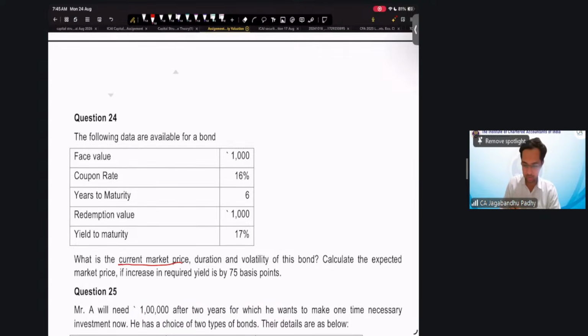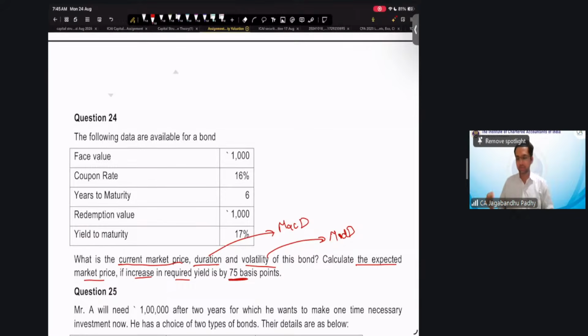current market price, duration, and volatility. Remember, duration means we're talking of Macaulay duration. Volatility means we're talking of modified duration. So with these parameters, try to get the Macaulay duration and modified duration for this, and also the expected market price if the increase in required yield is by 75 basis points.